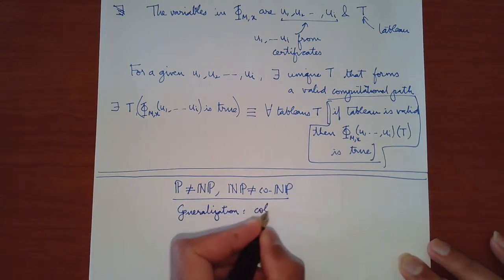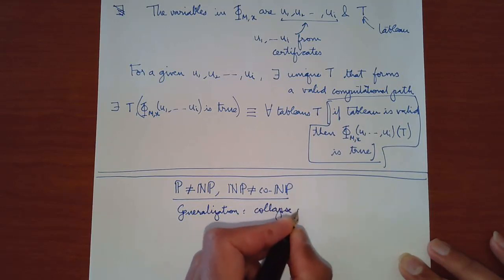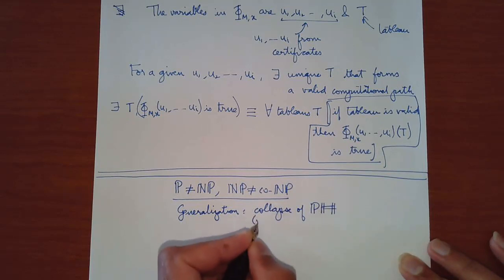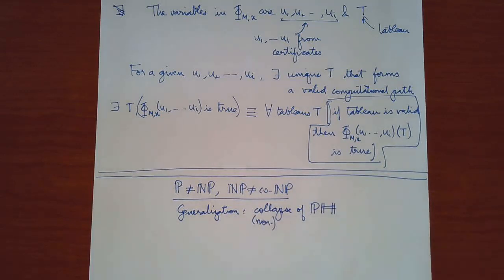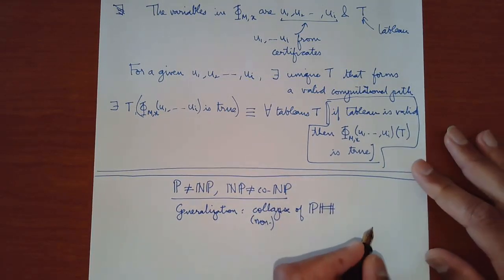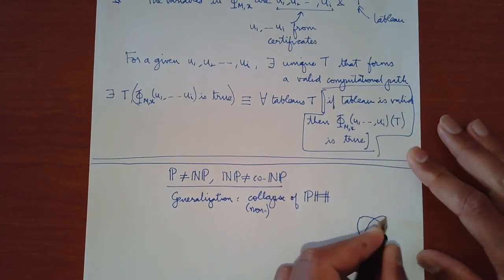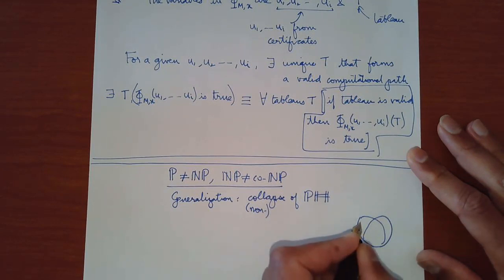is called the collapse of the polynomial hierarchy. Or rather, I should say the non-collapse. So remember that the picture of the polynomial hierarchy that we have is this sort of petal type.